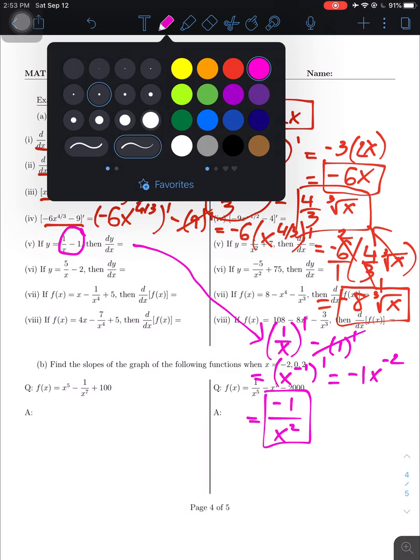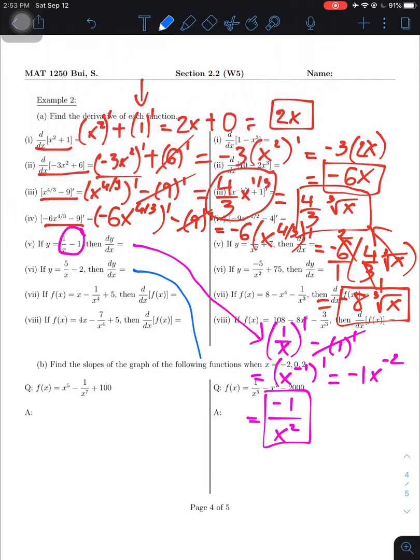And now for the next one, let me change it into blue. We get 5 over x and then minus 2, right? So right off that, you guys can see that the 2 in here will disappear when we take the derivative of it because it's just a constant, so it will be 0, right? And then in short, 5 over x in here, we can rewrite it as 5 times x to the negative 1, and then we take the derivative of it.